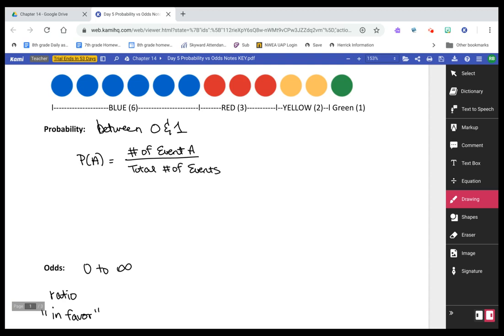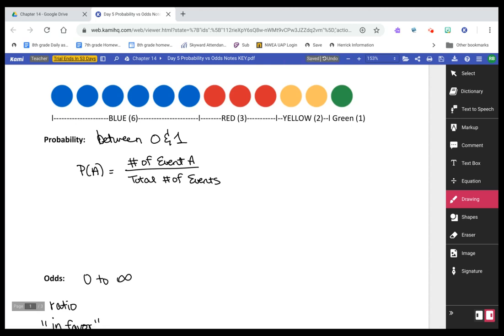For instance, if we look at these dots, let's say we want to know the probability of getting a red dot, or marble, whatever you want to call it. Well, we would say 3 on top because there's 3 red dots out of the total number of dots. So 6 plus 3 is 9 plus another 3, we have 12 total, and we would give that as a simplified version, either 1/4 or 25% for your probability.